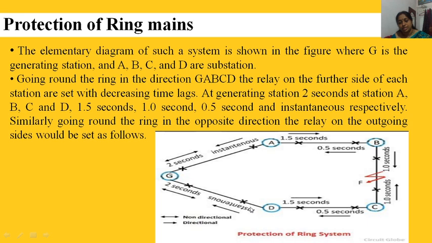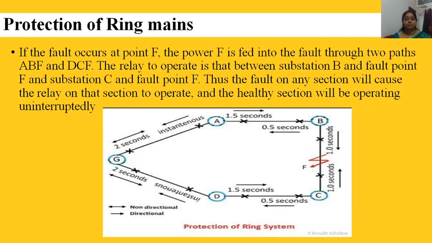You can consider instantaneous, then 0.5, then 1, then 1.5, and then 2. In the other direction it is also instantaneous, then 0.5, then 1, then 1.5, and then 2 seconds. So we can have grading like this in one direction and in the other direction.